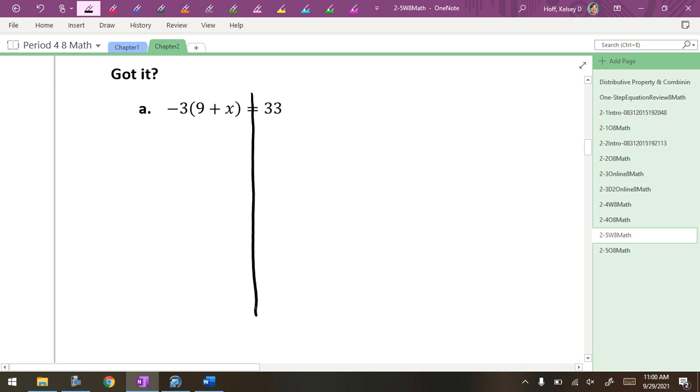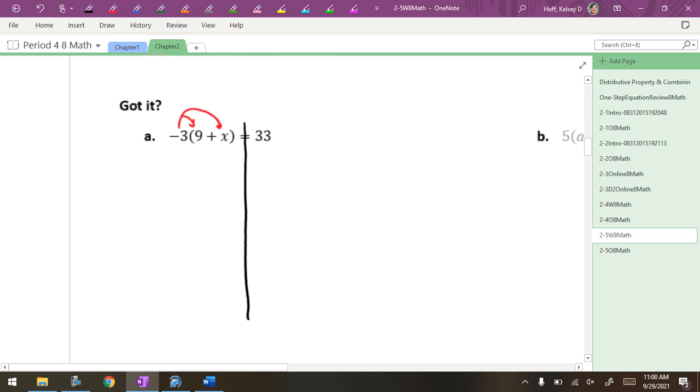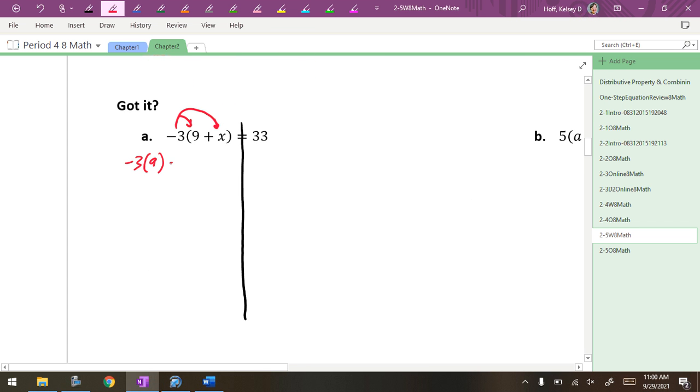A. What is my first step? I've got to distribute my -3. So write it down. -3 times +9, -3 times 1x equals 33. -3 times 9 is -27. Don't work ahead of me. -3 times 1x is -3x equals 33.